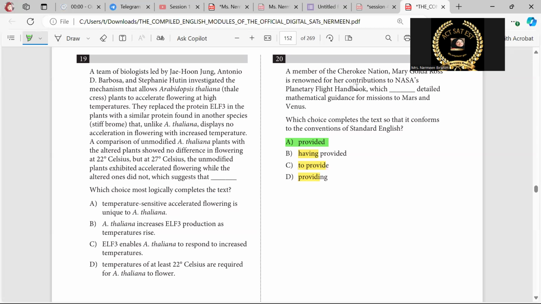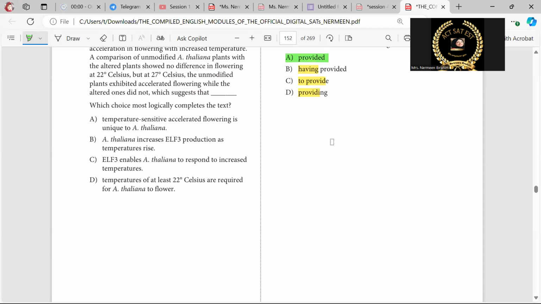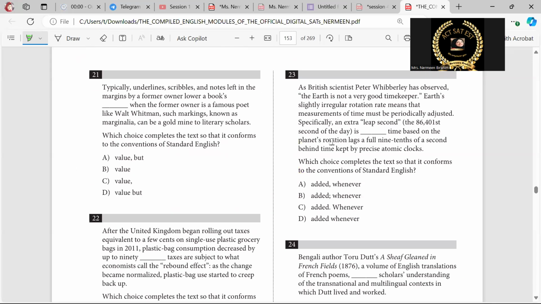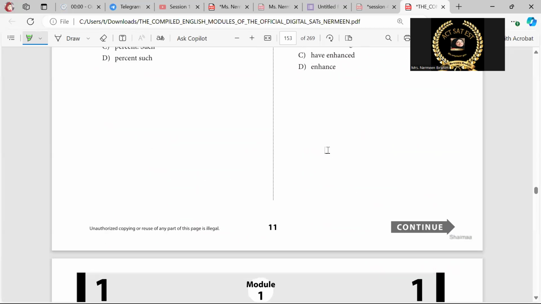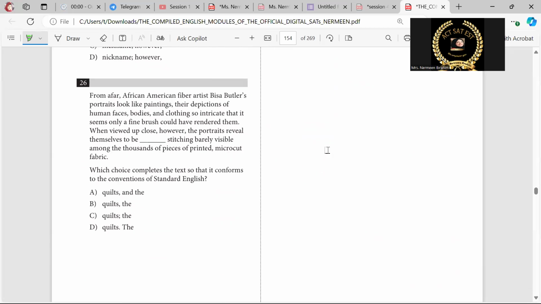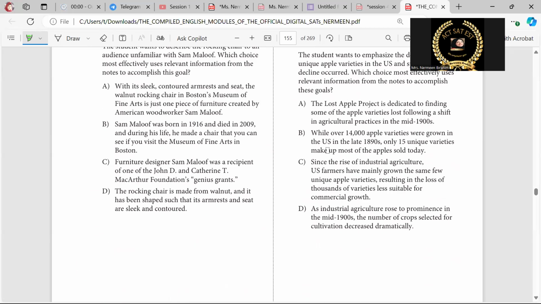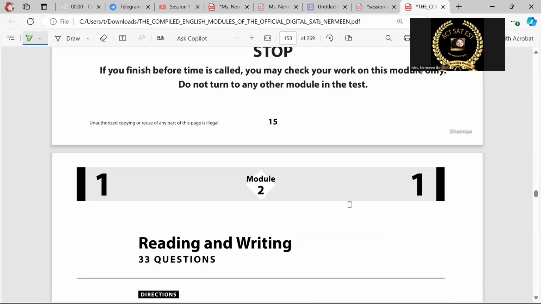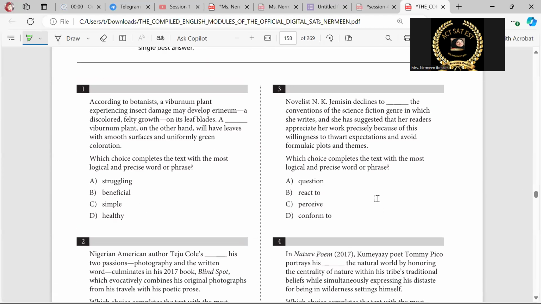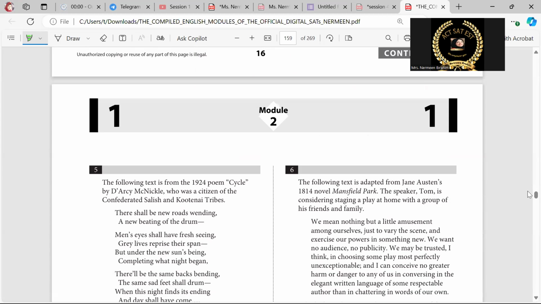So this handbook, which provided. So I need a main verb to go for which. You are great. Now let's check for a modifier question. Here we also didn't find one.